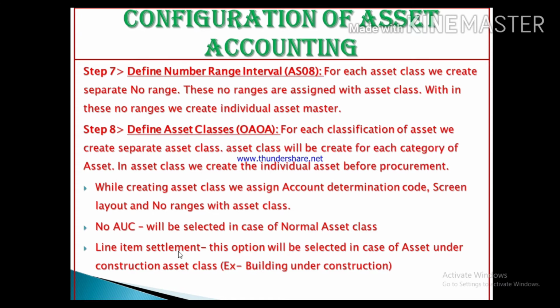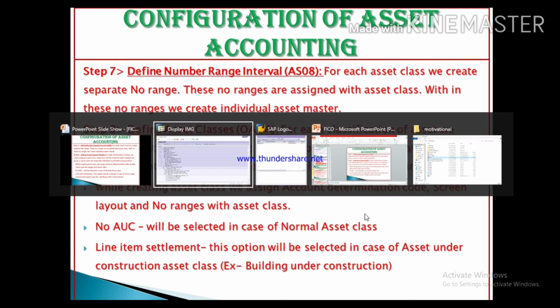The asset which is in under construction, for this type of asset we will select the line item statement. This option will be selected in case of an asset under construction. For example, building under construction. So now we will do the practical, it will be more clear. Go to the SAP screen.